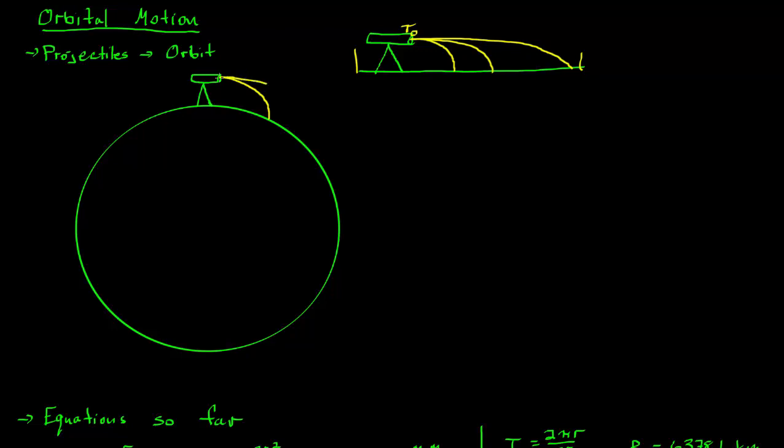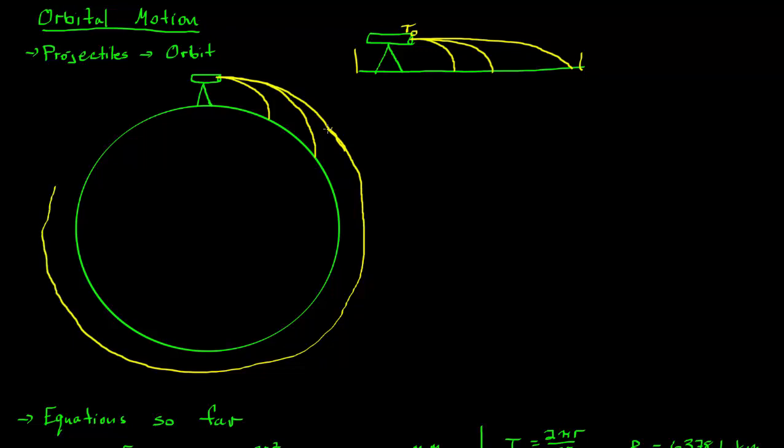If we launch it even faster, it'll land around here, and so on, until you finally reach a velocity at which the rate at which it's falling, the curvature of this parabola, matches the curvature of the Earth. And so it ends up falling all the way around. I know I'm not drawing this very well. It's still trying to fall to the Earth, but the Earth keeps moving out of the way.